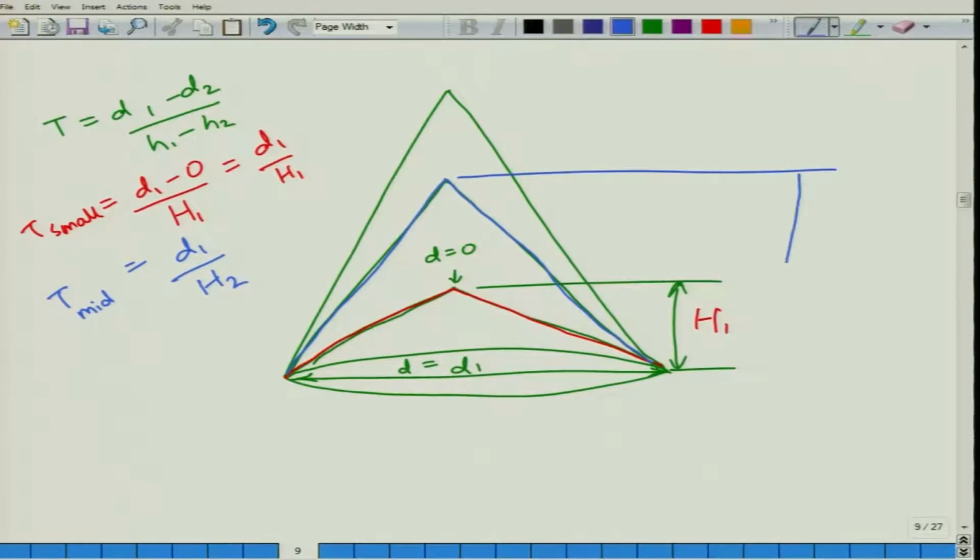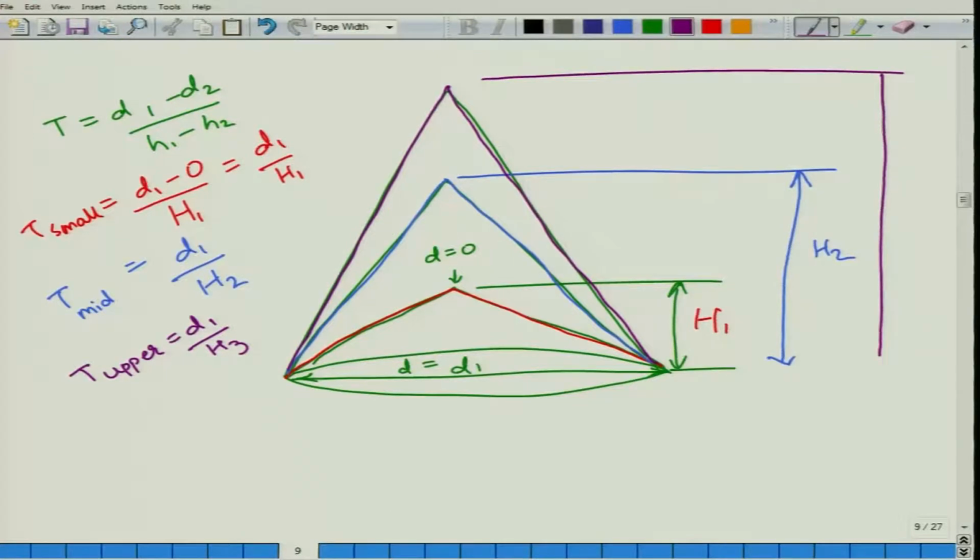is the height of the middle cone, and similarly in the case of the uppermost cone, we have T upper is equal to d1 upon h3, where h3 is this height.